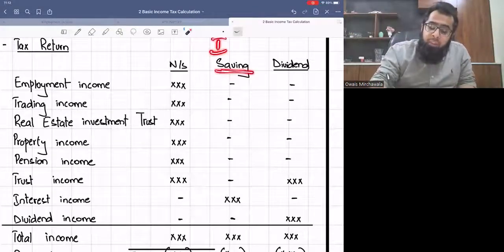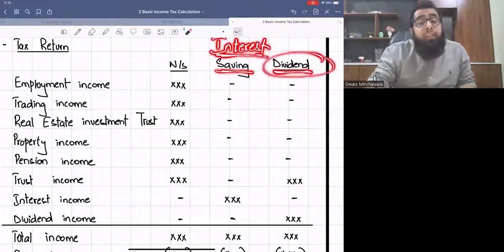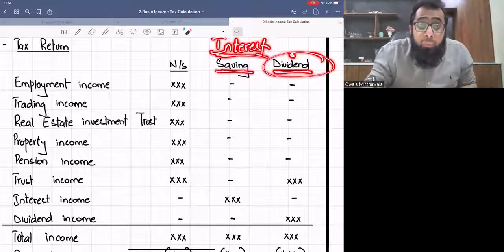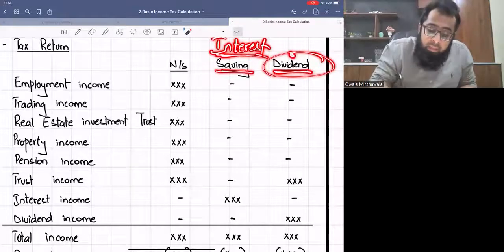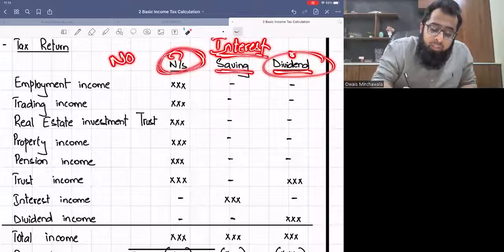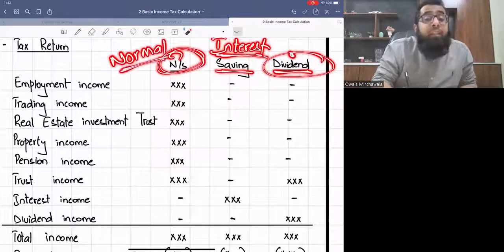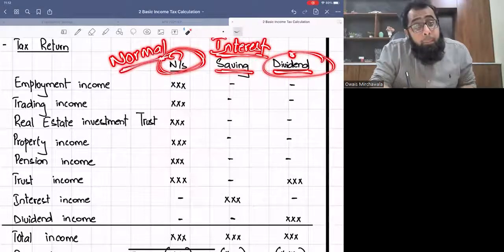Saving income refers to interest income, the second is dividend income, the distribution received from companies, and the last one is non-saving, which we can call a normal head.